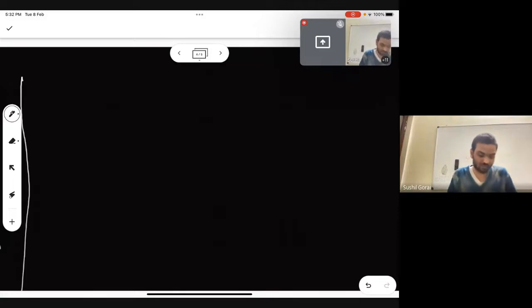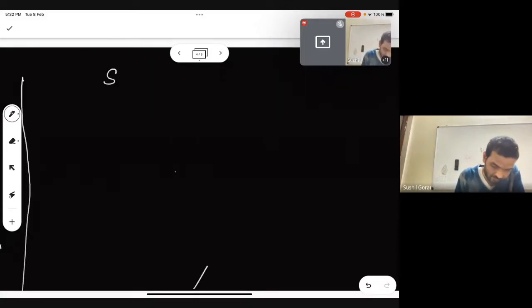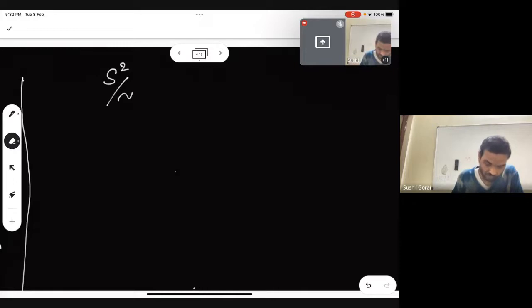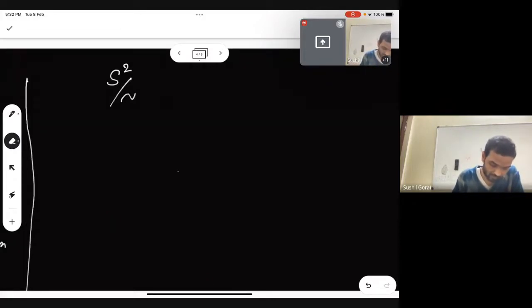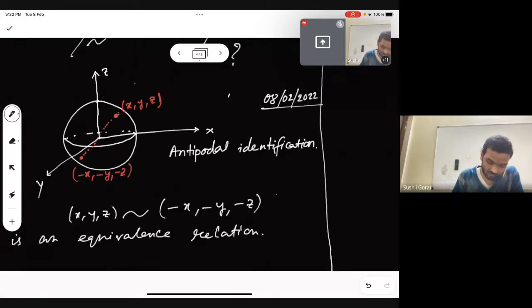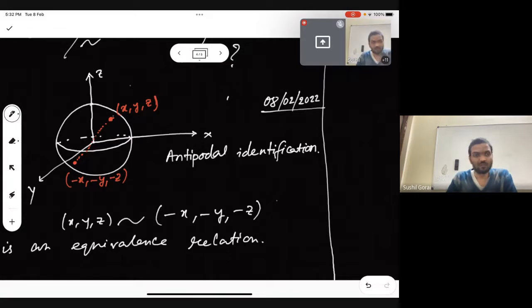So now we look at S2 quotiented with this. Look at the picture again. All the points downstairs in the lower hemisphere are identified with the points in the upper hemisphere.